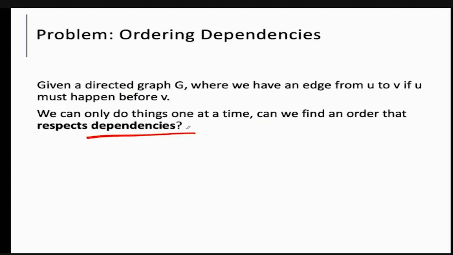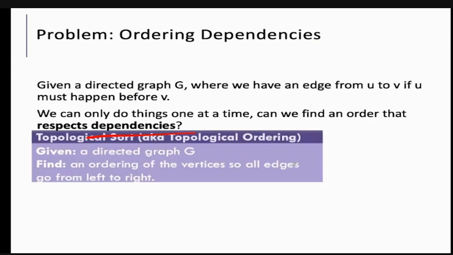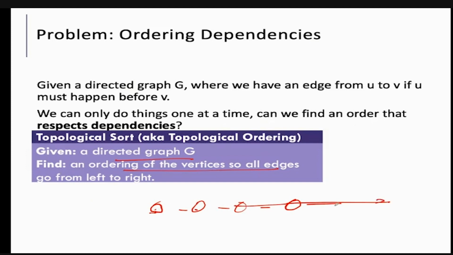So let's dig further. The topological sort is basically you are given a graph and you have to order the vertices. At the end of the day you will say that yes, this is the order of vertices: you have to do this first, this second, this third, and so on.